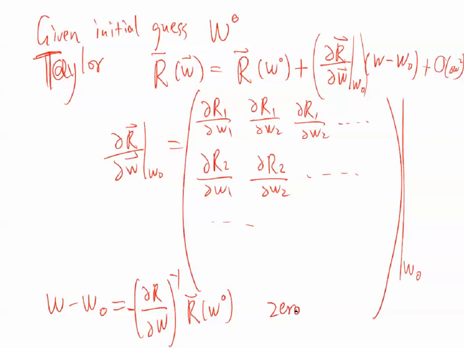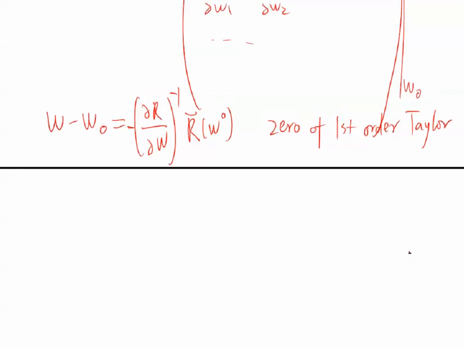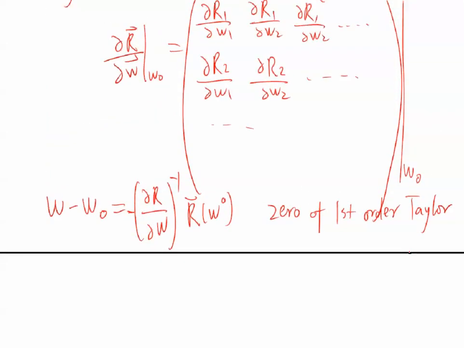Right? And of course, that is not exactly what we want, right? That is approximately what we want because it is the zero of the first order Taylor series expansion of the function.